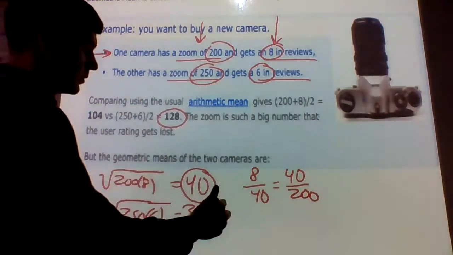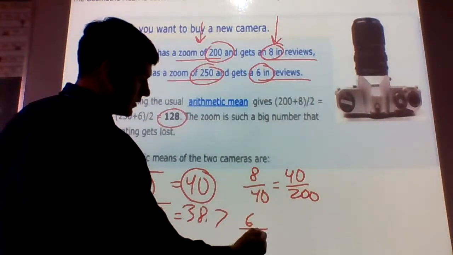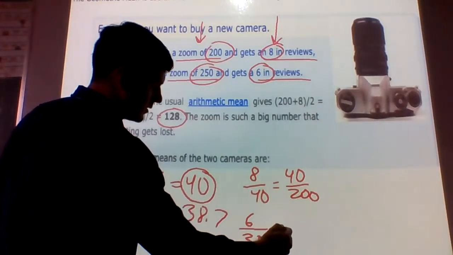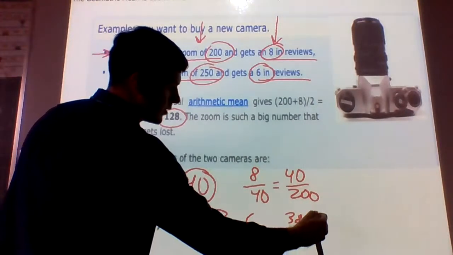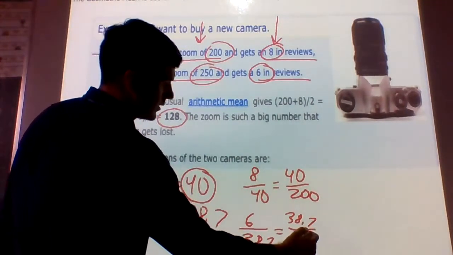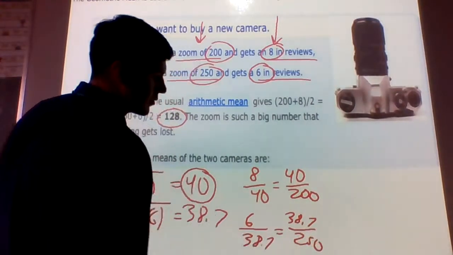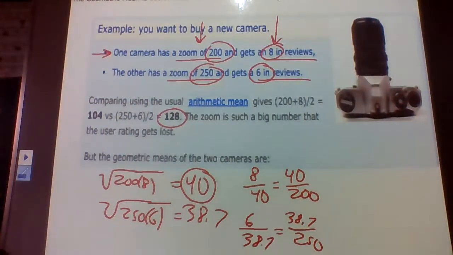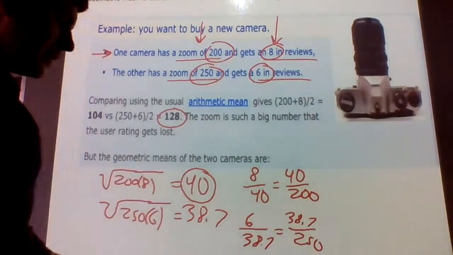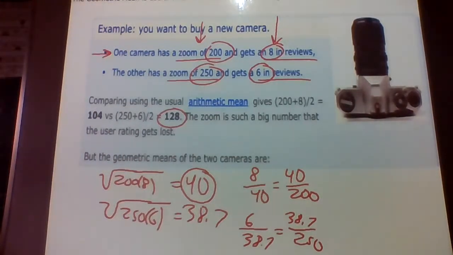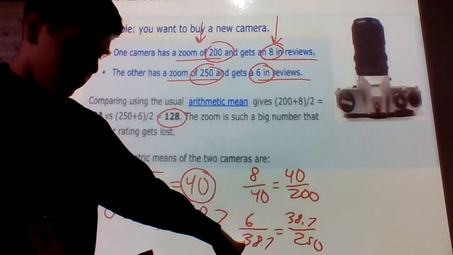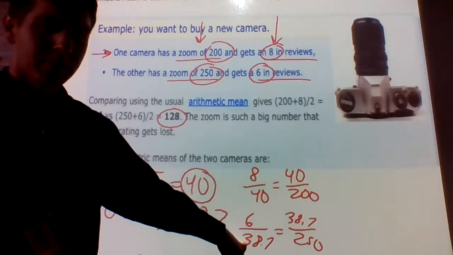Here, again, we would have 6 over 38.7 and 38.7 over 250. So 38.7 is the number we would balance out. The magnitude, whatever you got to multiply by. So let me see, 38.7 divided by 6. So you got to multiply by 6.45 to get 38.7.